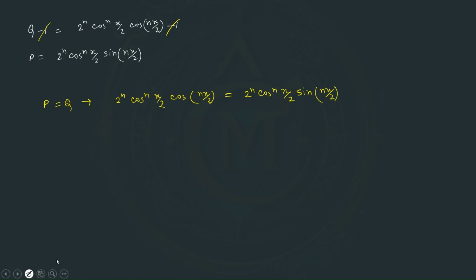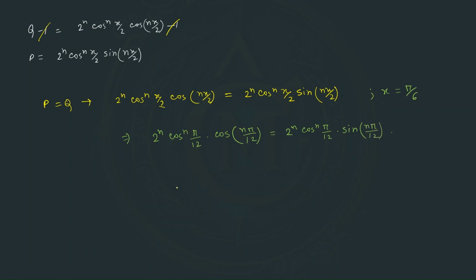This equation holds when x is equal to pi by 6. So we can write this as 2 to the power n cos to the power n pi by 12 cos n pi by 12 is equal to 2 to the power n cos to the power n pi by 12 times sine of n pi by 12.